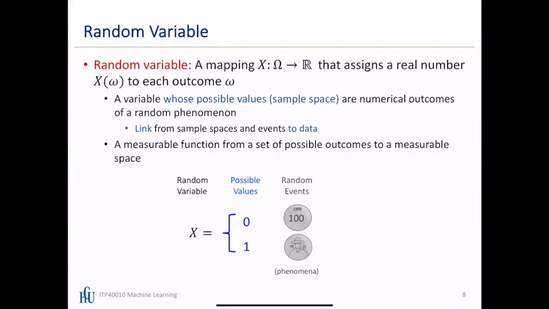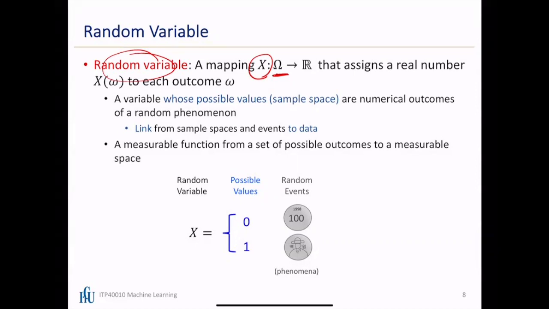But the main thing we pursue is some value, and we call that a random variable. We have a variable and we want to model that with probability. In essence, from the sample space there is a variable defined.